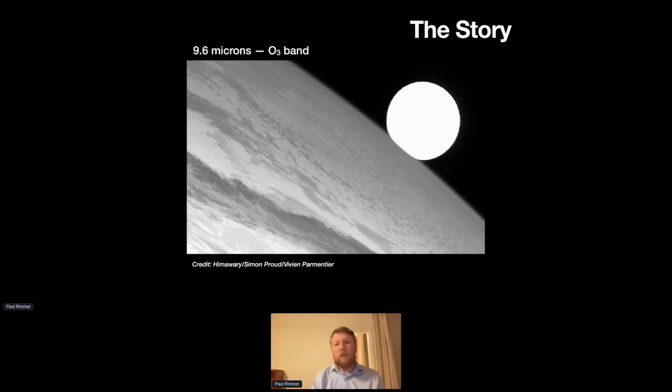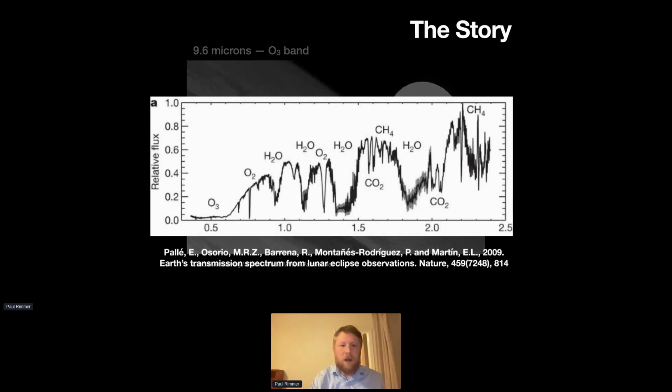If you were to look at this planet as it was passing in front of its star, and you have a large enough telescope and good enough resolution, and you're looking at spectra, the size of this planet would change based on what wavelength you happen to look at. And if you happen to look at 9.6 microns on a planet with a fair amount of ozone, the planet would actually look a little bit bigger in that wavelength because a bit more of the light from its atmosphere is being blocked. If you looked at it in emission, you would see a particular feature that way as well.